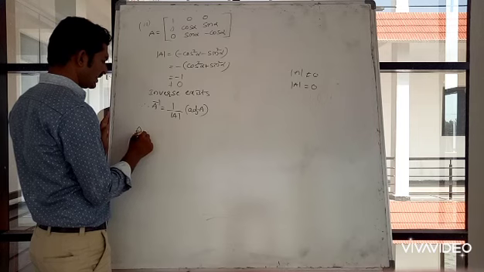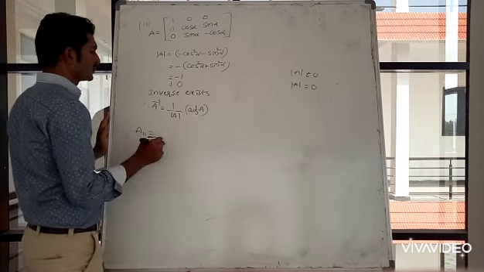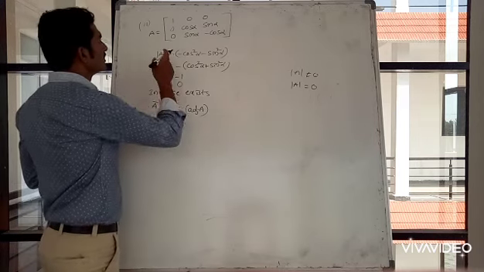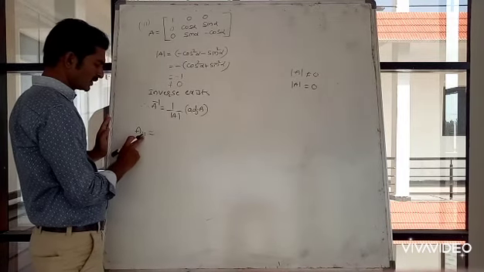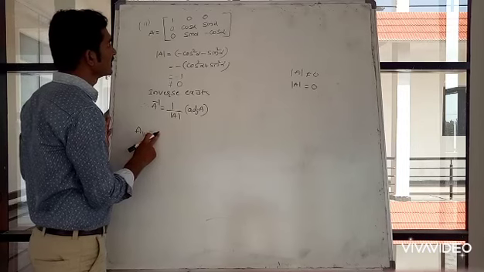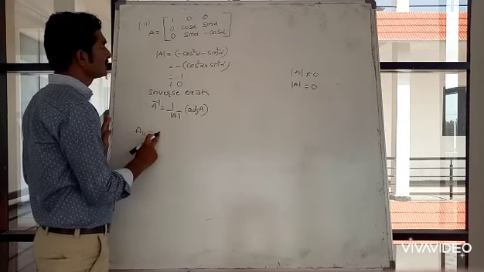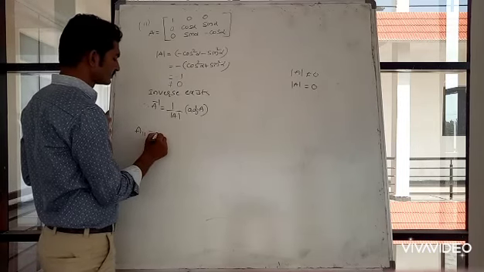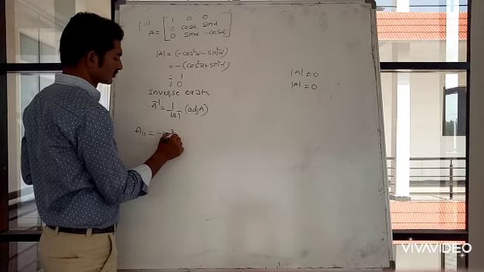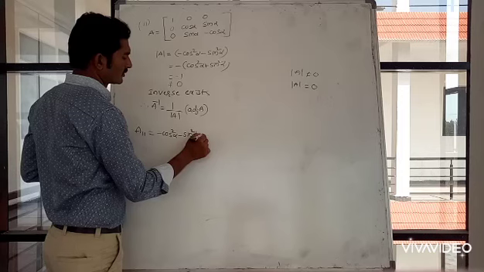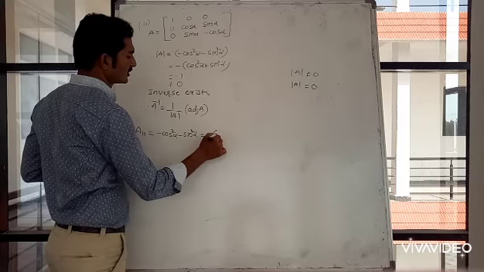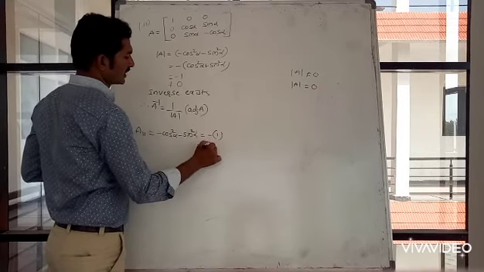First, A11, the first row, first column element. That is minus 1 raised to 1 plus 1, because 1 plus 1 is even, we get positive here. So minus cos square minus sin square means minus of 1, so minus 1 will come.